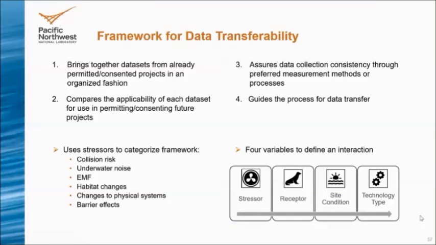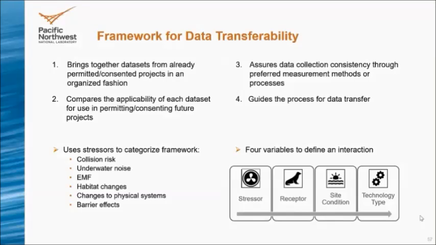So our framework for data transferability really consists of four things. So the first aspect of the framework is that it brings together data sets from already permitted, consented projects in an organized fashion. Once that data is collected, then it can compare the applicability and how relevant each set of data is for use in permitting and consenting future projects.